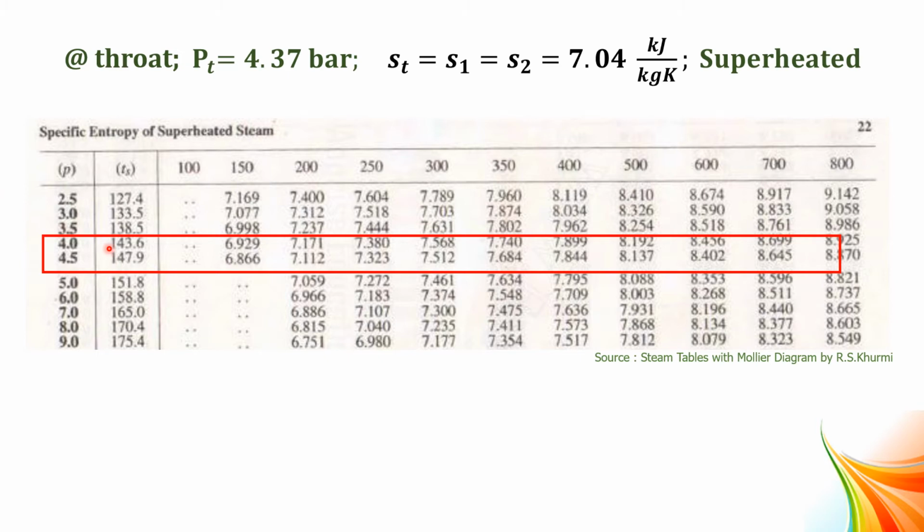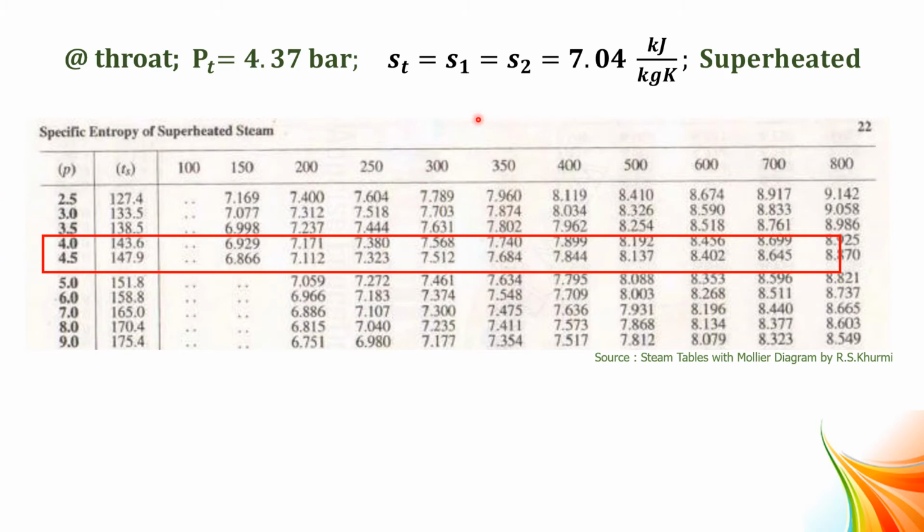So by interpolating the values corresponding to 4 bar and 4.5 bar, we can get the value corresponding to 4.37 bar. Before that we have to check where the temperature lies, whether in between 150 to 200, or 200 to 250, or 250 to 300.